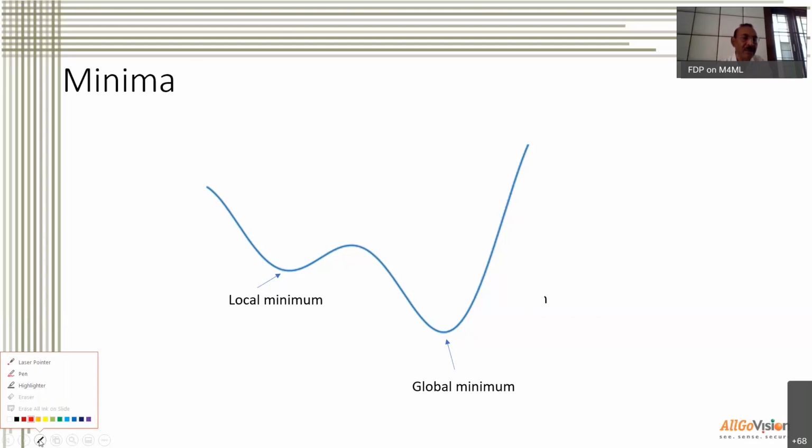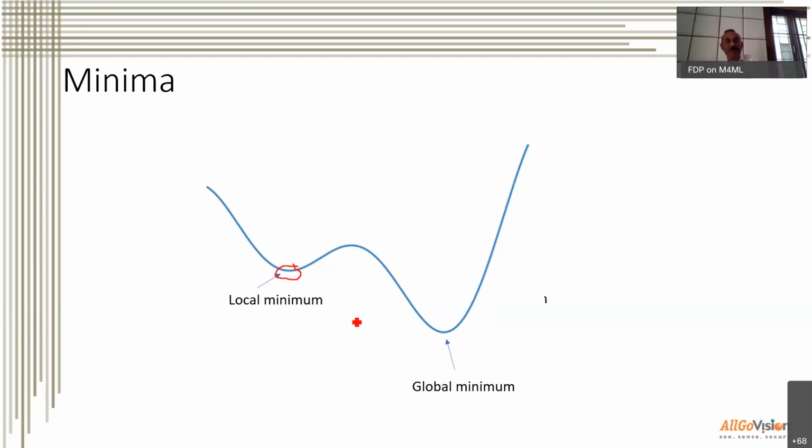If I have a small neighborhood around this point, then in that neighborhood that point happens to be the minimum, and that's the concept of a local minimum.